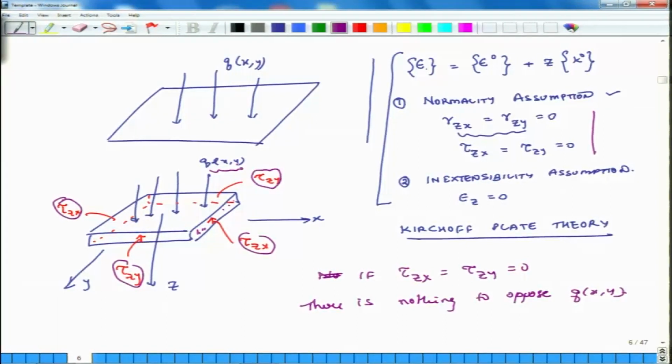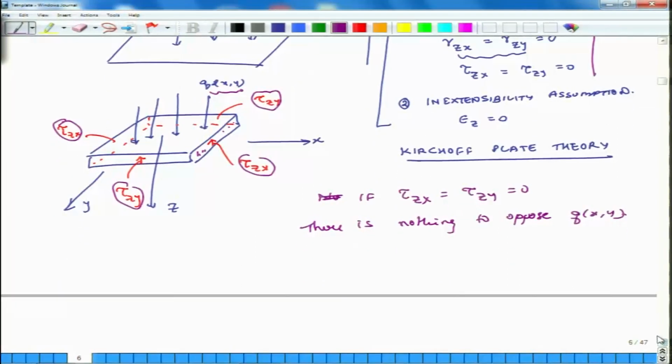Okay. So, what does that mean? Then the condition for equilibrium will be q times dx times dy is equal to 0, which means that q should be 0.